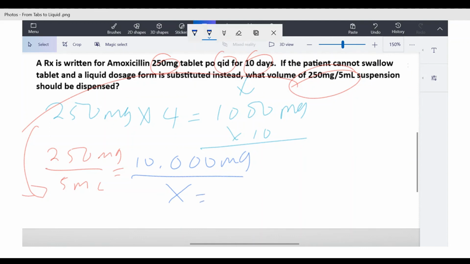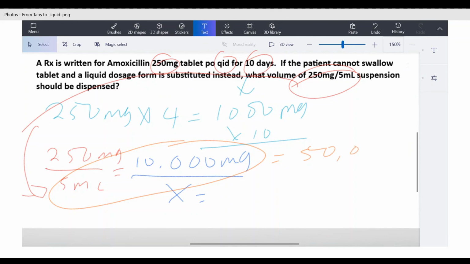If we cross multiply, using the same concept again, 5 times 10,000 is 50,000. 50,000 divided by 250.